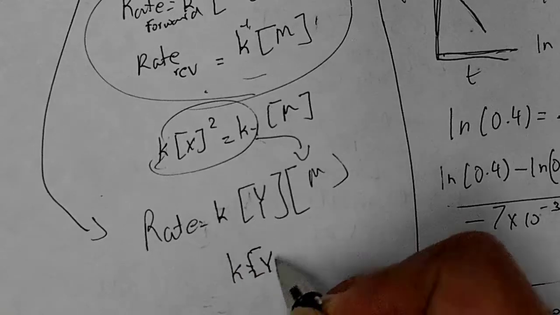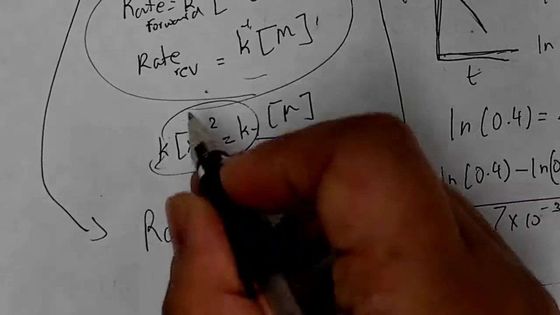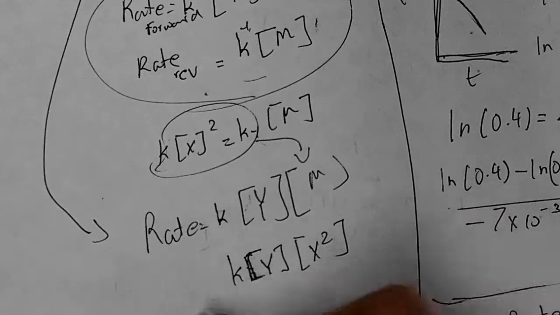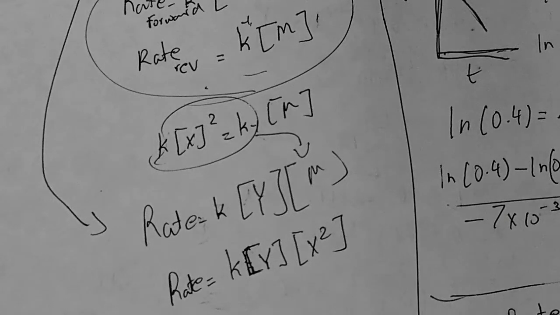So K Y X squared. Notice that I solidified all the K's into one K, it doesn't matter. K is constant, so I'm not going to change it. So you're going to get rate is equal to K Y X squared. Make sense? So therefore, the answer to D is 3.